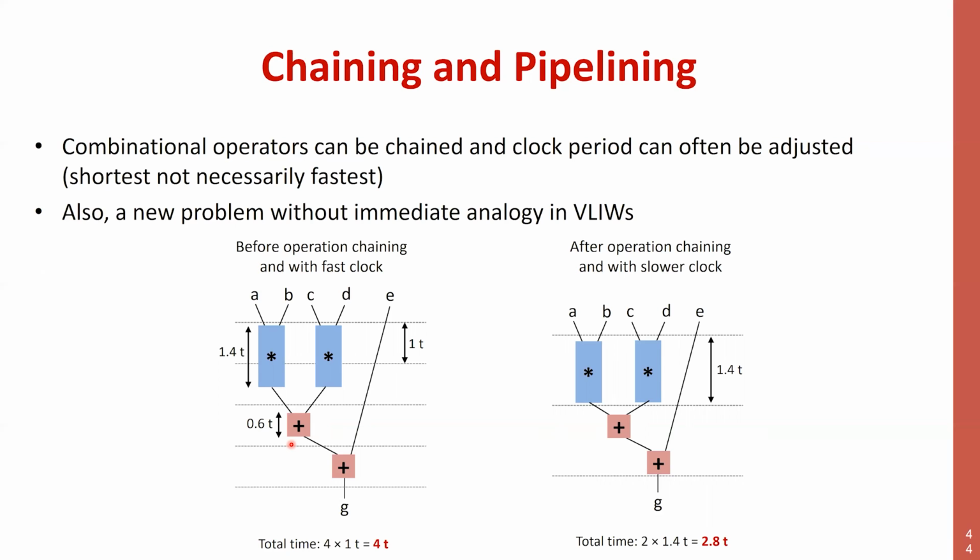And if you can rearrange the quantization of time in a different form, you still need to quantize, but maybe you can change the period. You can take a period that is 40% more than the period before, so the frequency has gone down, but the actual wall clock time, the time that you actually spend to do the calculation, is only 2 of these long cycles here, so 2.8t, instead of 4 of the shorter cycles here, that is 4t.